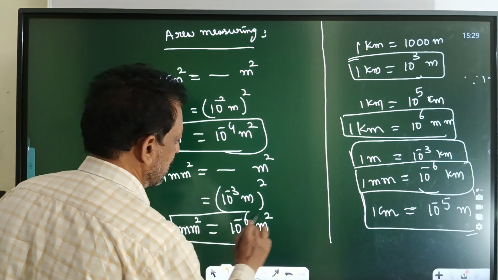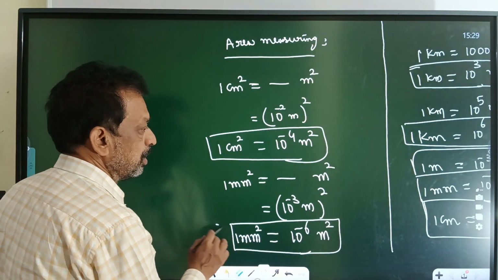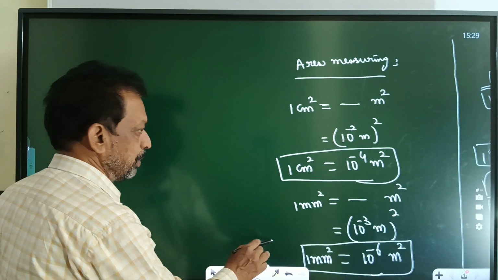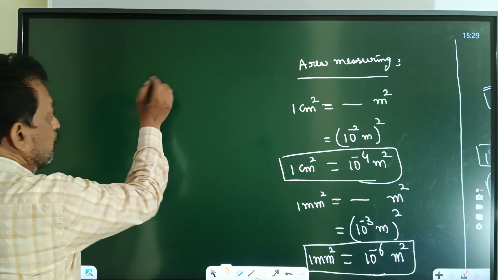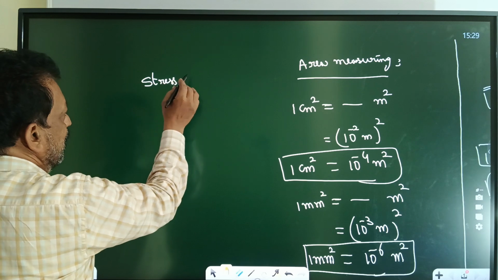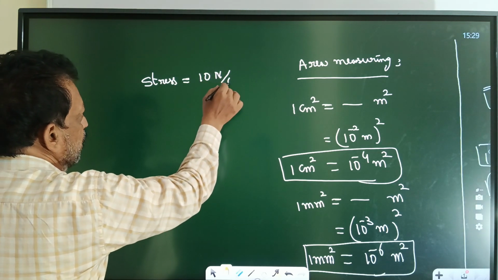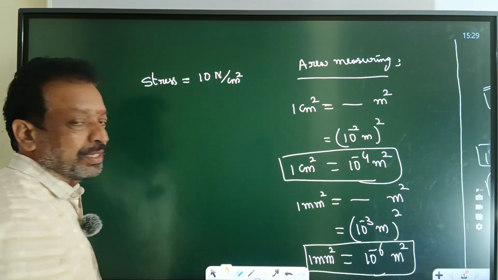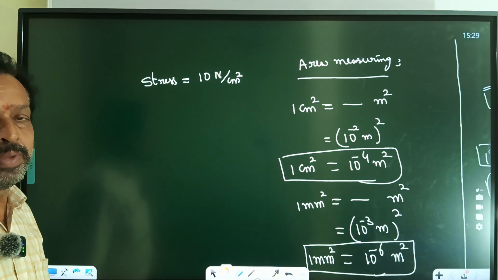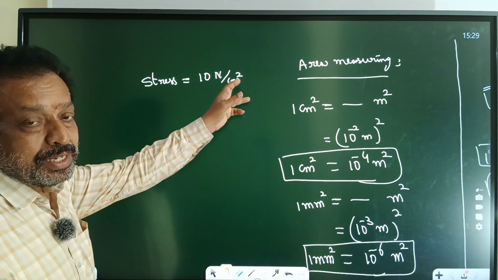They are going to give the area in centimeter square. I am going to give an example. A stress or pressure value is given, suppose 10 Newton per centimeter square. A multi-system of units is wrong, so you have to make a single unit system. This is a centimeter in CGS.